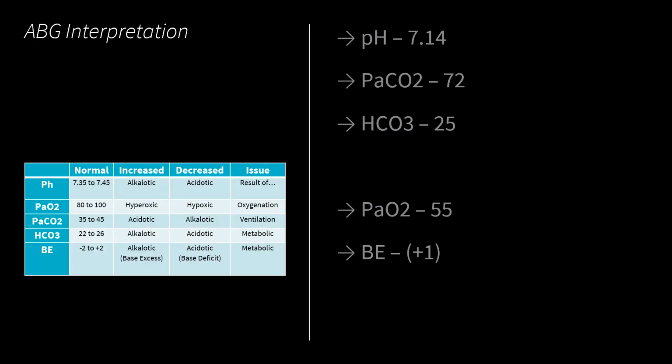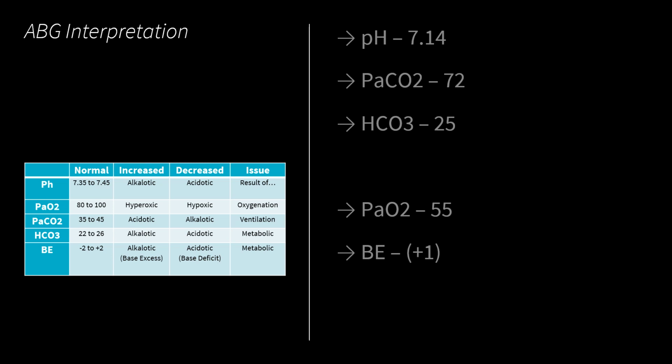All right, our next one. We have a pH of 7.14. We have a CO2 of 72 and a bicarb of 25. So when we look at this, my pH, we ask, is it an acid, base, or normal? It is low, normal 7.35. So we have an acidosis as our pH disturbance.